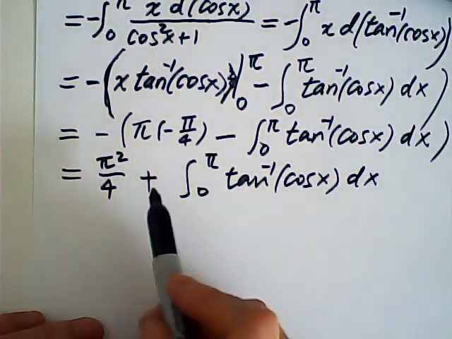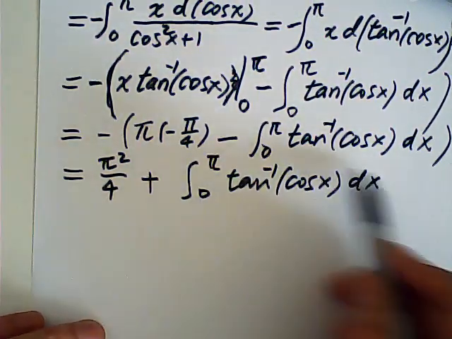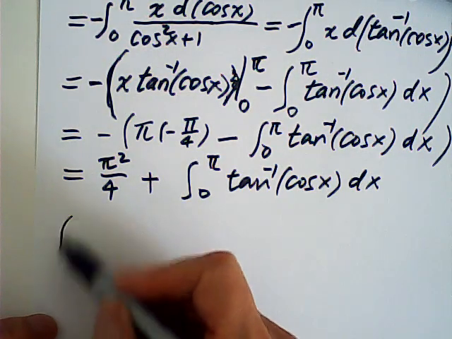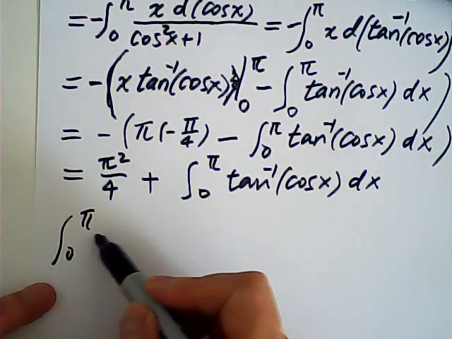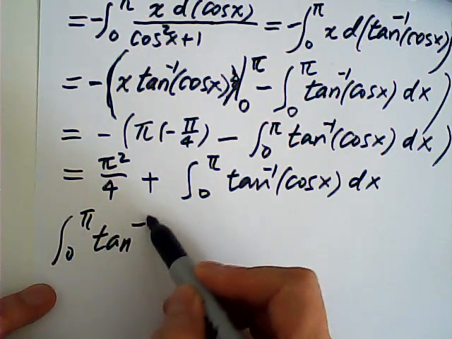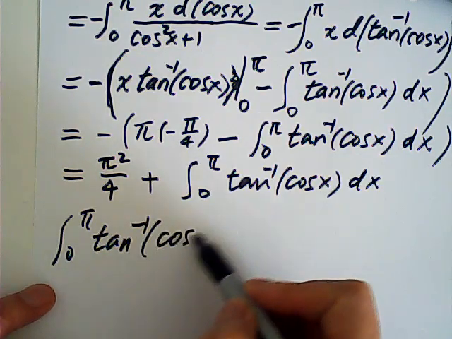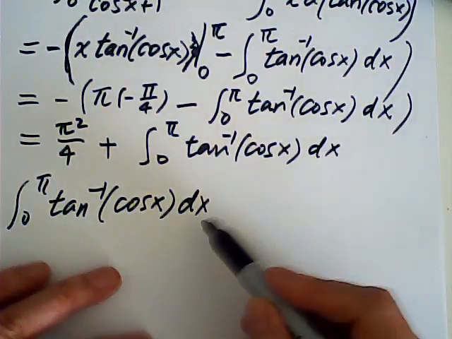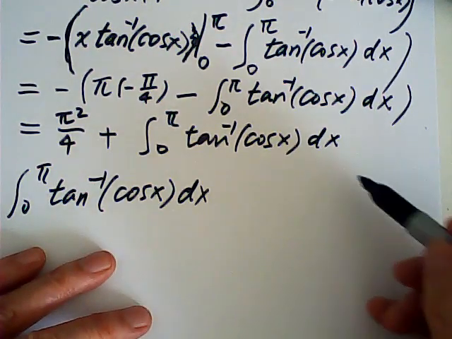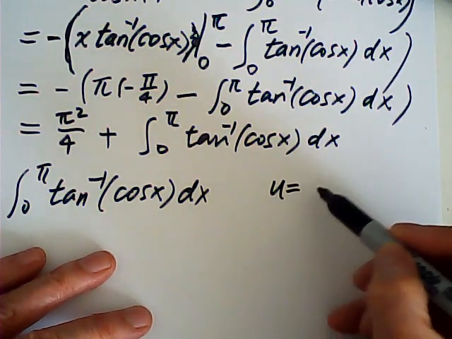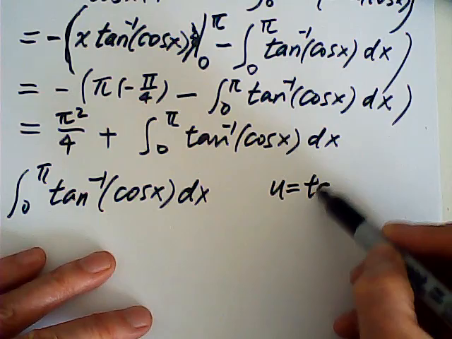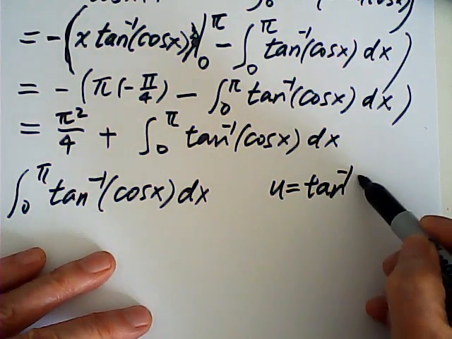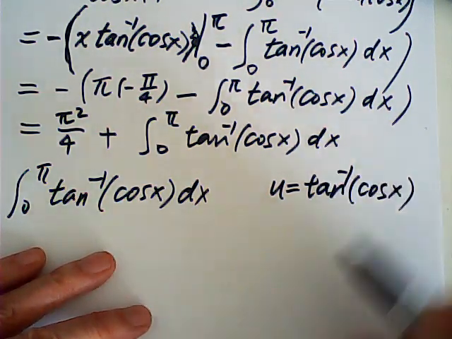Okay, so I'm doing this integral now. This is from 0 to pi, arctangent cosine x dx separately, okay? Here I'm using substitution. Let u be arctangent cosine x.